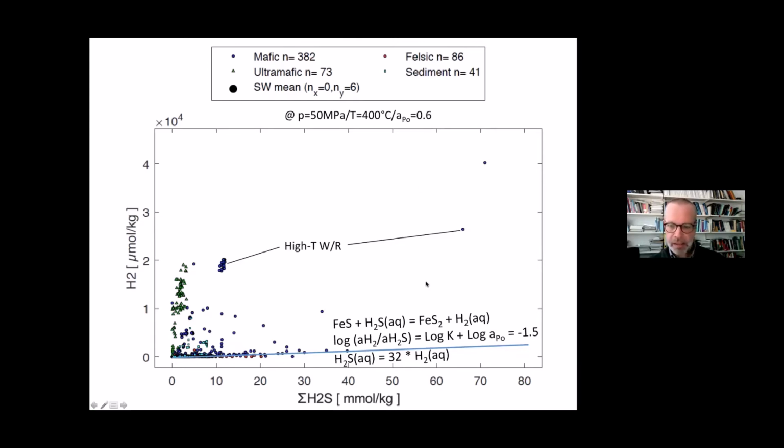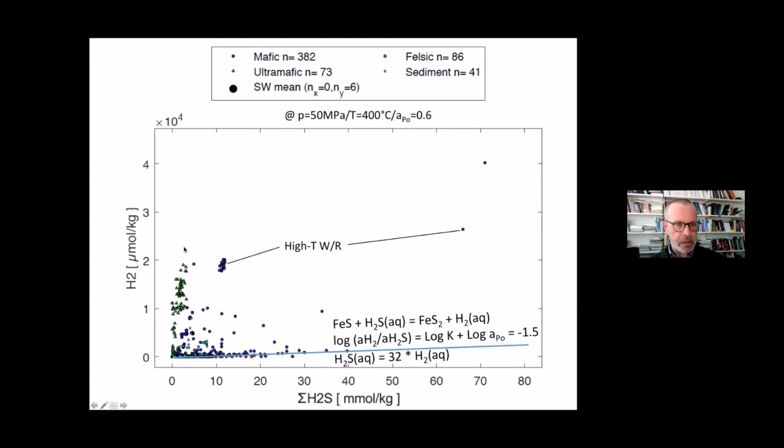If you plug in these numbers and calculate the equilibrium constant for this reaction that relates pyrrhotite, pyrite, hydrogen sulfide, and hydrogen, we find that the ratio of hydrogen and hydrogen sulfide is 10 to the minus 1.5. In other words, if these two minerals have a say, then the fluid has 32 times more hydrogen sulfide than hydrogen. And that's exactly what this slope gives you.